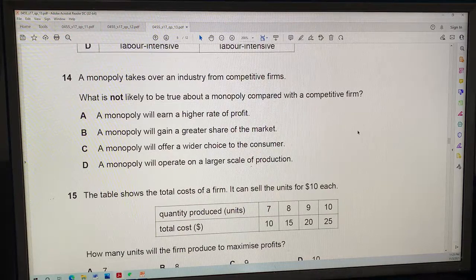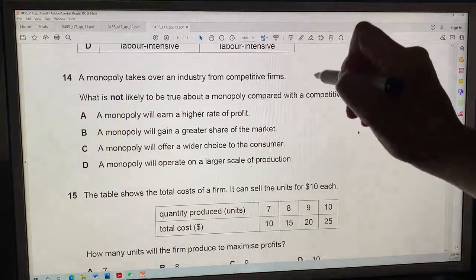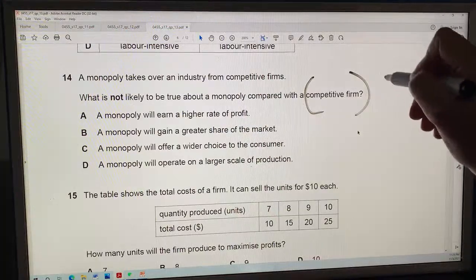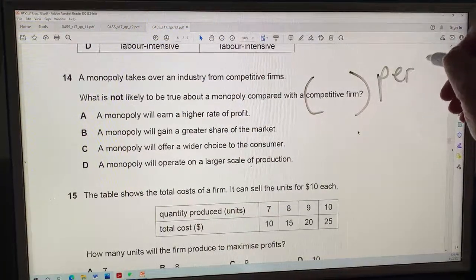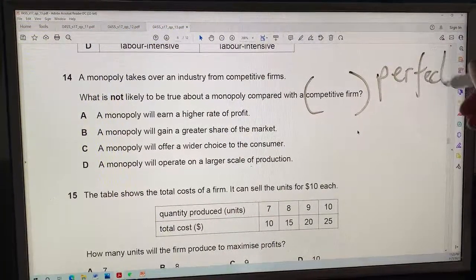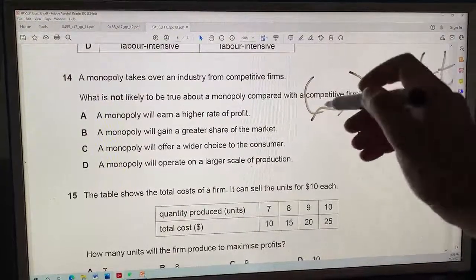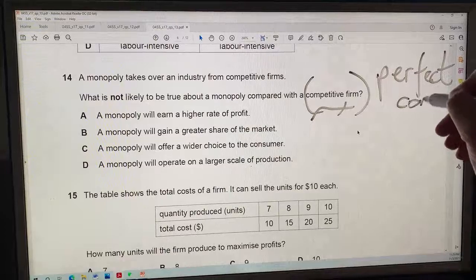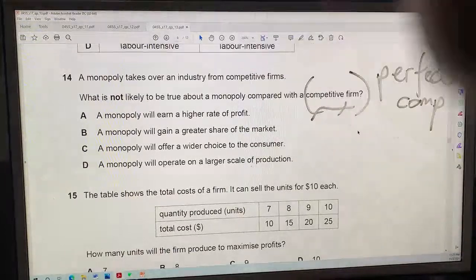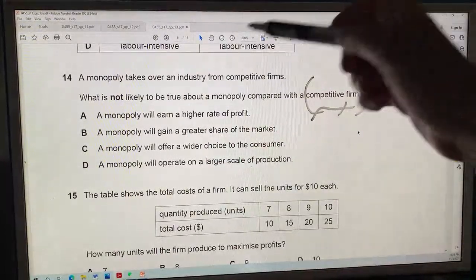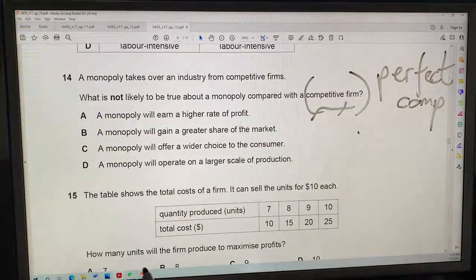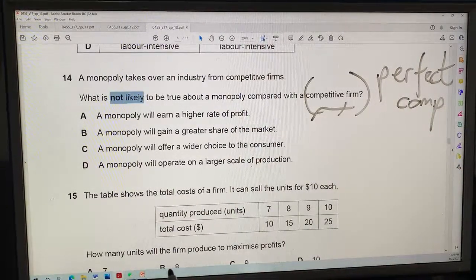Sometimes, in some questions, competitive firm means perfect competition, but maybe in this case it does not. I just wanted to say that. So what is not likely to be true about a monopoly compared with the other firms?